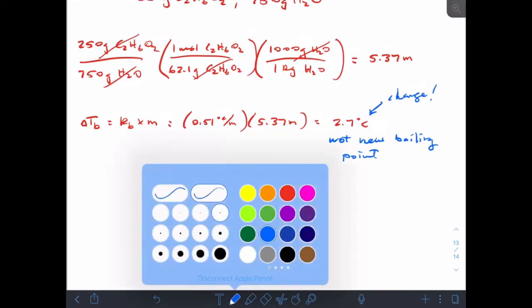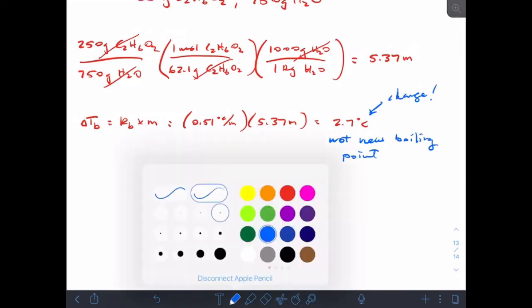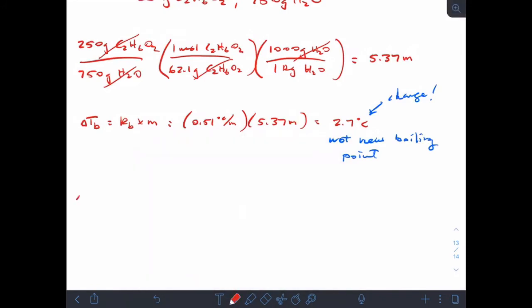Okay. So let's find our change in freezing point now. So delta T freeze is negative K freeze times molality. And that's the 1.86 degrees Celsius per molal times 5.37 molal gives us a depression of minus 10 degrees Celsius.